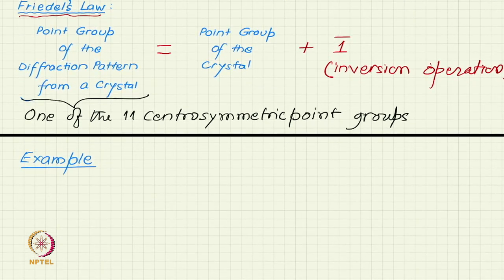Let us look at an example. When developing the centrosymmetric point groups, we already saw that if the starting point group is 2 and we add a center of inversion, then we get a point group which is 2/m.